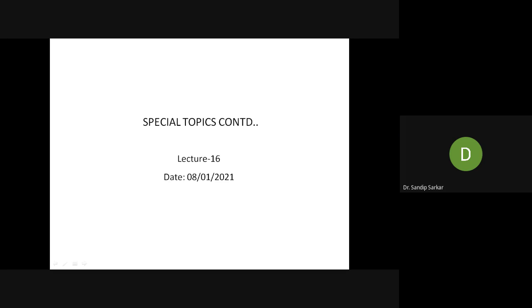Once the pressure correction equation is solved, we correct the velocity. That is basically predictor and corrector. In the corrector step, we correct the velocity and pressure from the predicted velocities and the pressure corrections. And again, we repeat the steps till convergence is achieved.